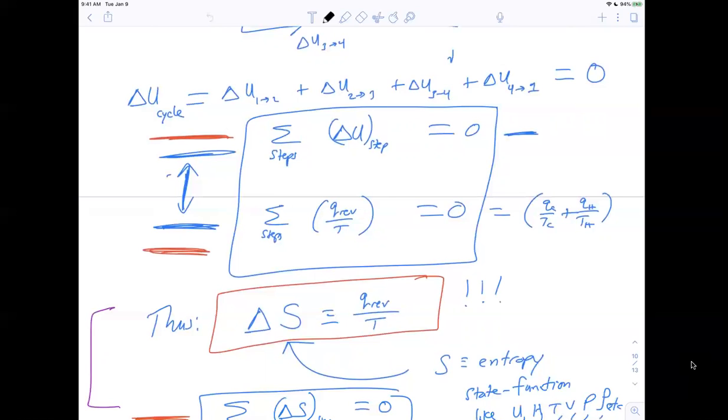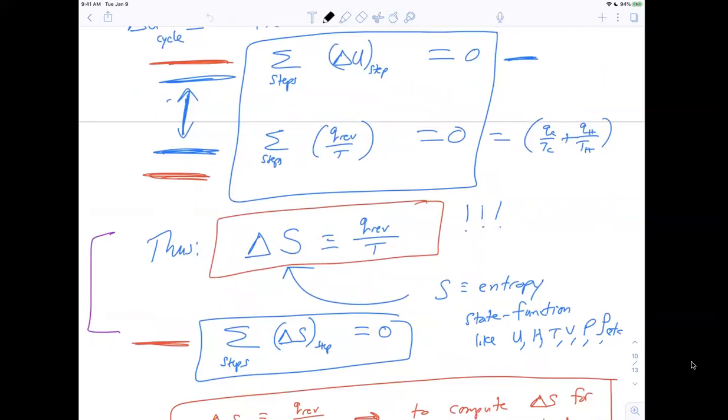And what that allowed us to do is define this beast called S, which is exactly how the folks back in the mid to late 1800s arrived at this thing called entropy without knowing anything deeply about the particulate nature of matter.